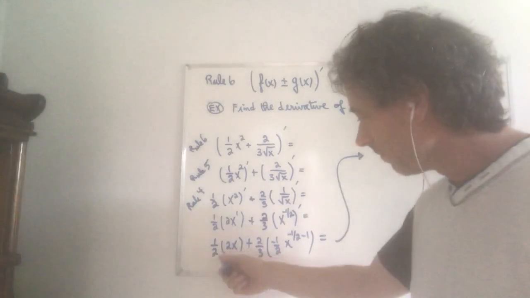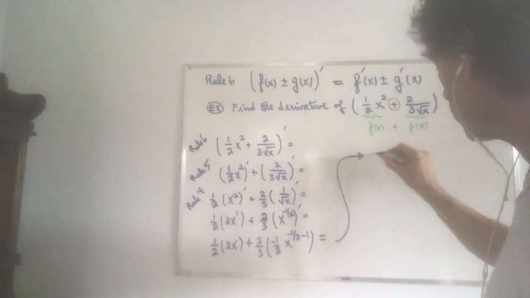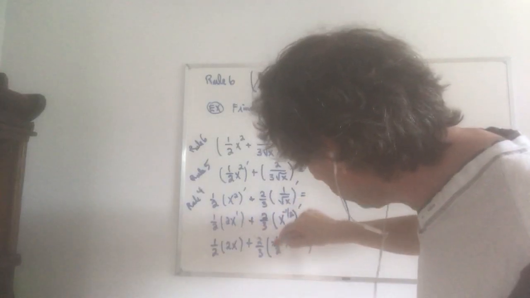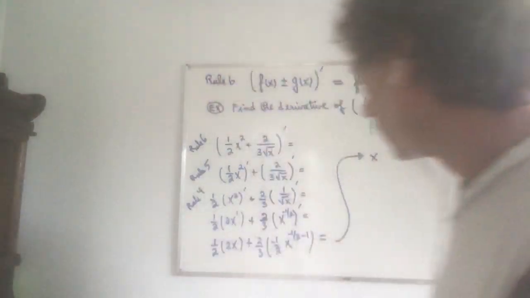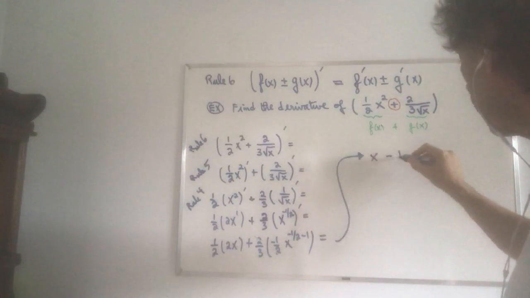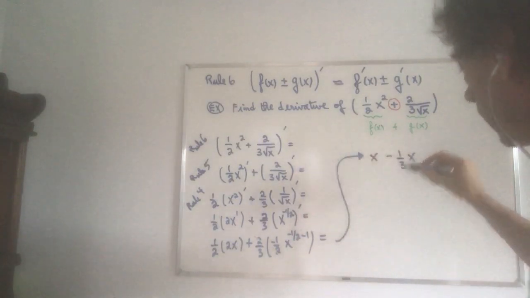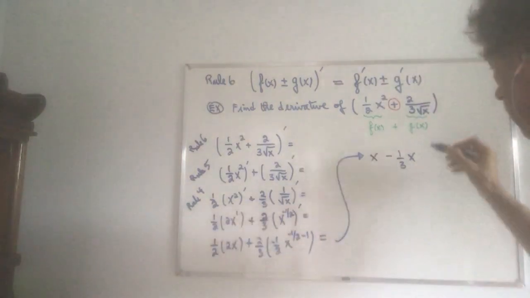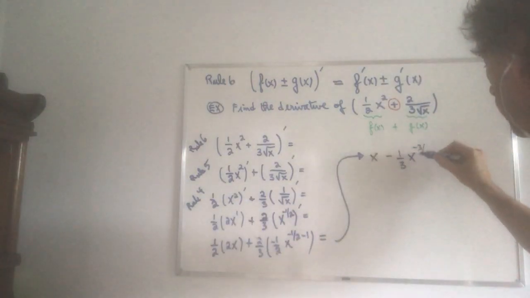What about this? 1/2 and 2 cancels out, that's just x. Here, the 2 and the 2 cancel out, and the 2 and the 2 cancel out, and I am left with minus 1/3 x to the what now? Minus 1/2 minus 1. Calculator, minus 3/2.